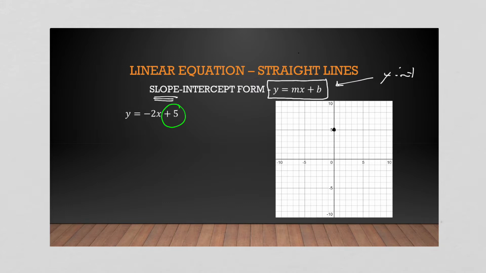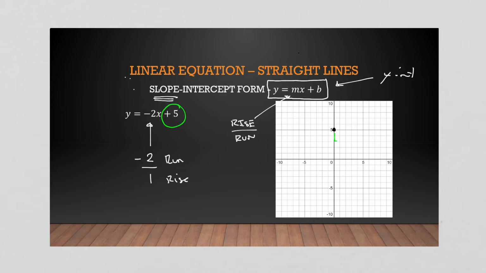The m is your slope. And your slope is rise over run, change in height over change in length. So in this case, we have a number -2. Well, as a fraction, that's -2 over 1, which means for every 2 we go down, because it's negative, we go 1 in a positive direction, which means we look like this.